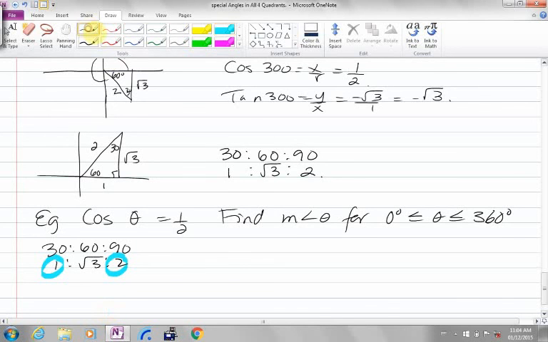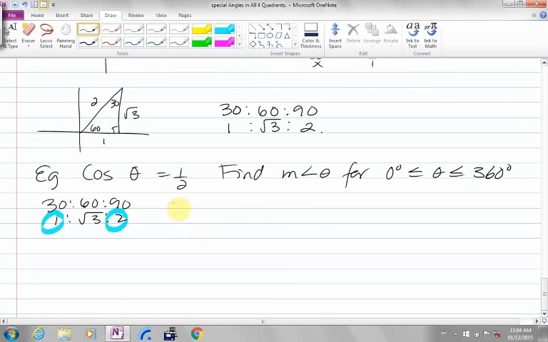So if it's cosine, remember that cosine equals x over r. That means x has to be 1 and r has to be 2. Let's draw what that would look like.